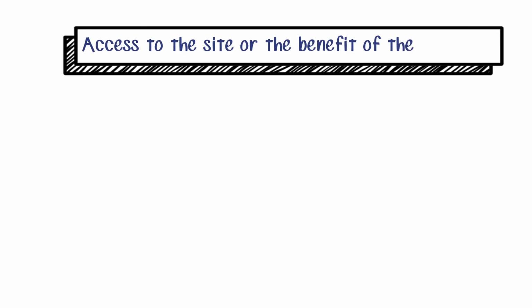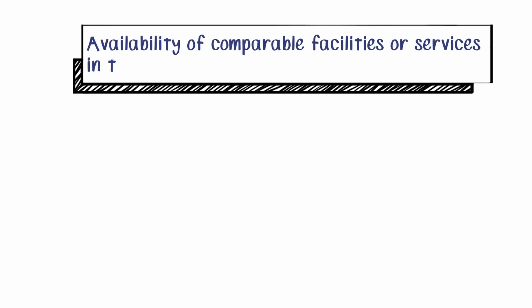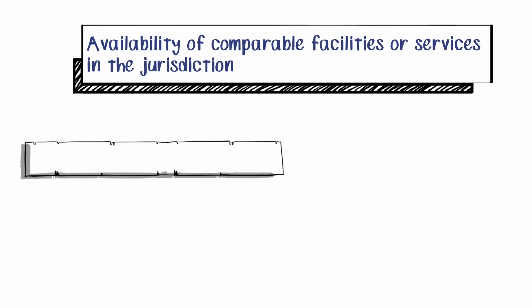Access to the benefit of the activity does not seem to be an issue. For both parks, residents of all ages have access to enjoy the open space, walking trails, and picnic areas at either facility.